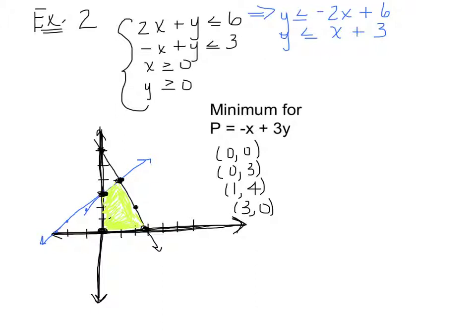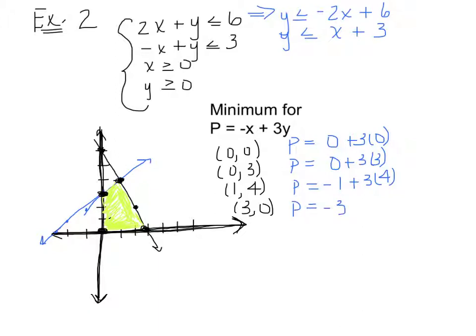You're going to do like the other example and plug these into your objective function. Be careful for that negative. The first 2 functions didn't matter because x was 0.